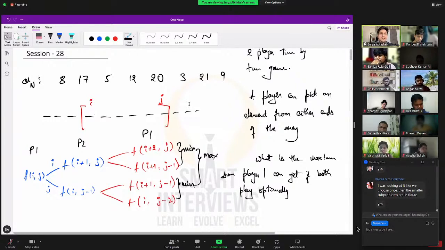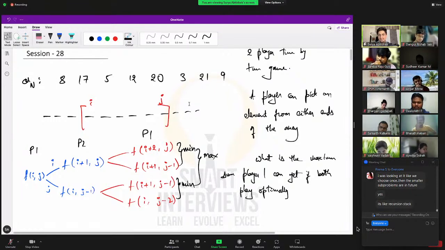I was looking at it like we choose ones, then the smaller subproblems are in the future. The smaller subproblems are going to help you solve the current problem. So that is what you will depend on. Future and past is not exactly the right term in all the DP problems.